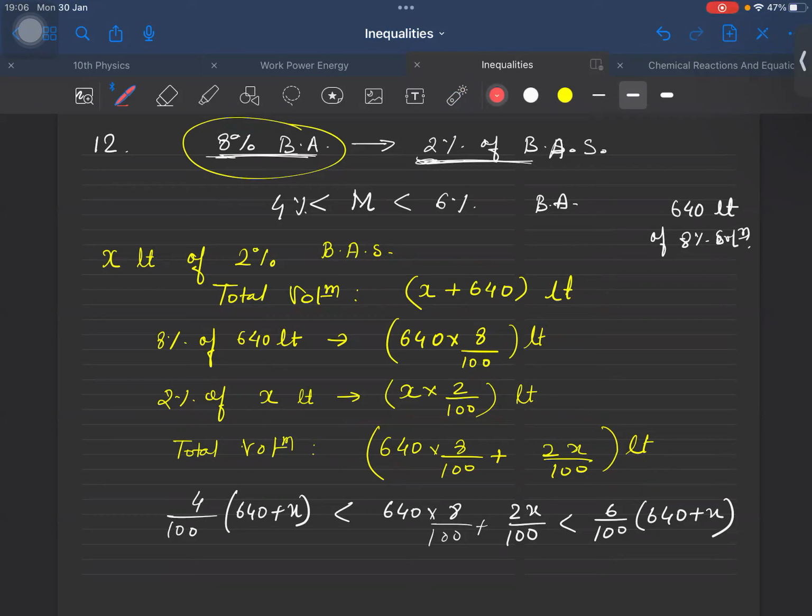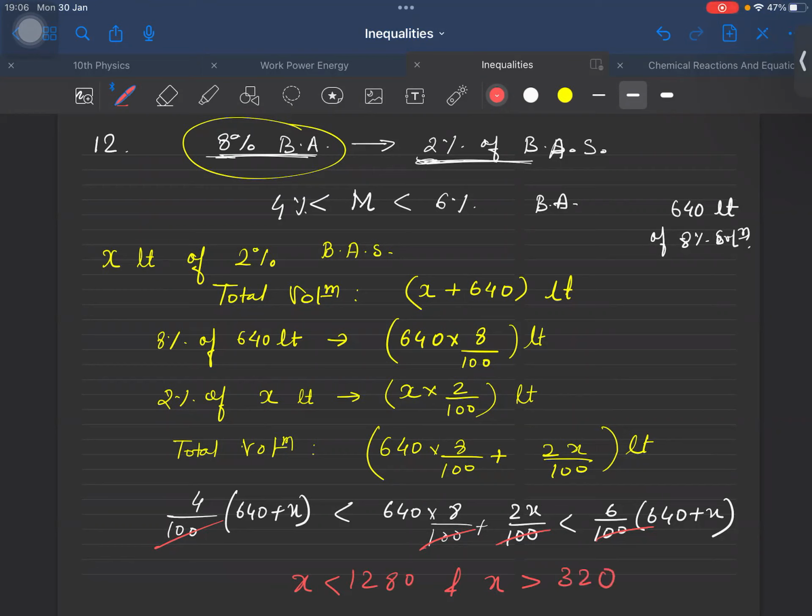See, 100 is there everywhere, so we can just remove the 100 from everywhere. Now just solve this one. If you solve this, we'll get x should be lesser than 1280 and x should be greater than 320.